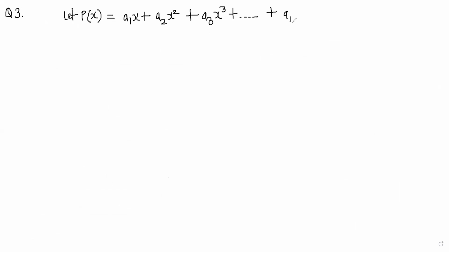Then next one is question 3. Let p of x be equal to a1x plus a2x square plus a3x cube plus so on till a100 x power 100, where a1 is 1, ai belongs to R for all i goes from 1 to 100.